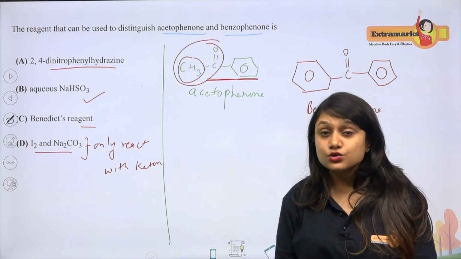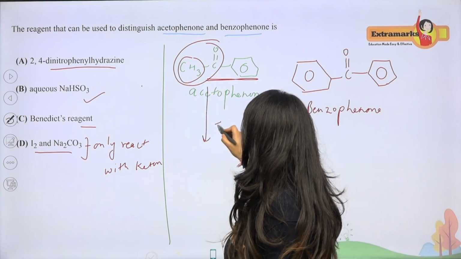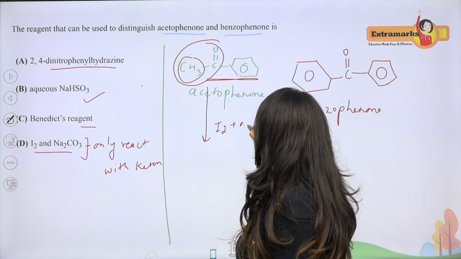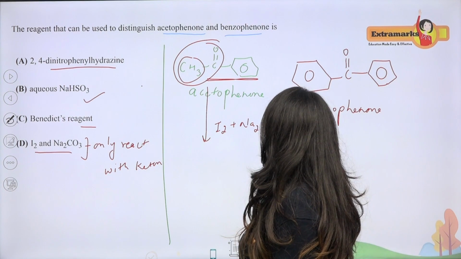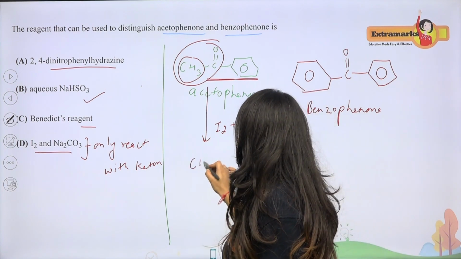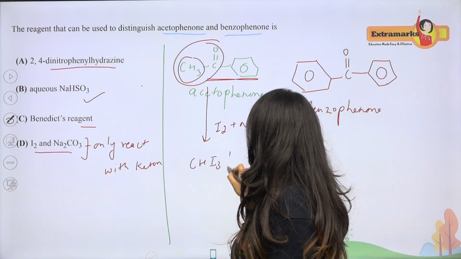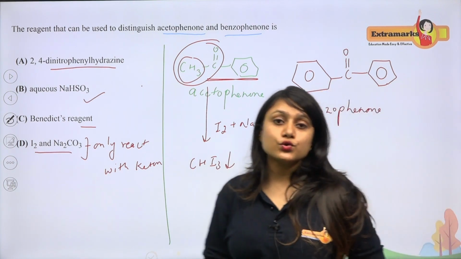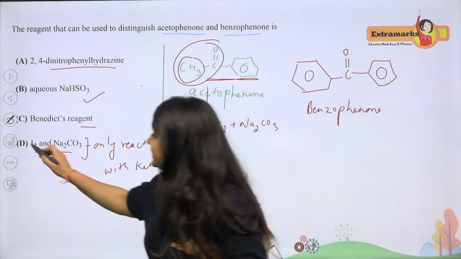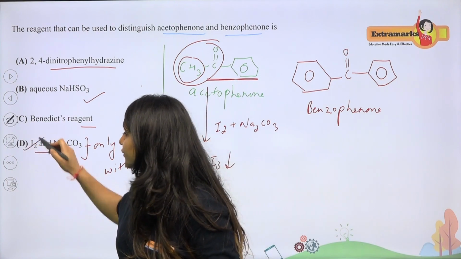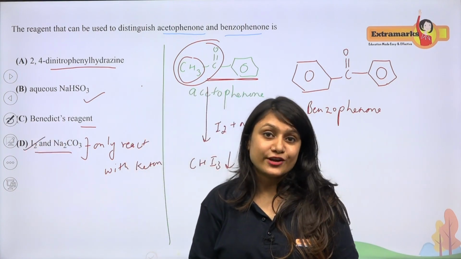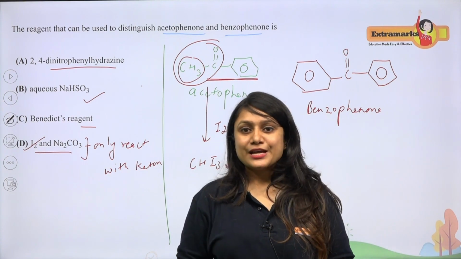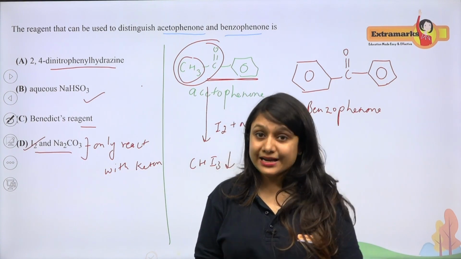So whenever it reacts with I2 plus Na2CO3, we are going to get iodoform, CHI3, as a precipitate. But in the other case, there will be no reaction. So the reagent used to distinguish between these 2 is the iodoform reagent, which is given in option D. Clear? Okay.